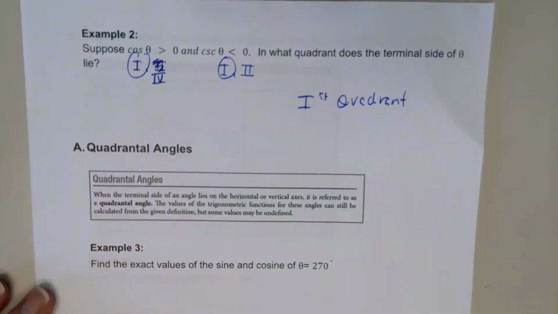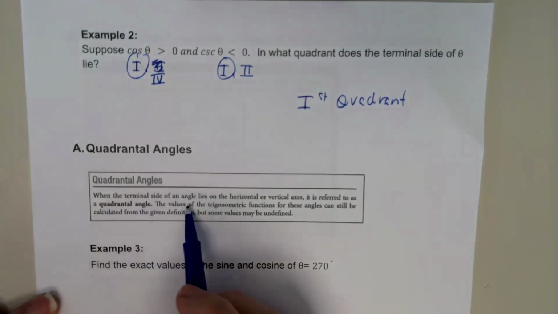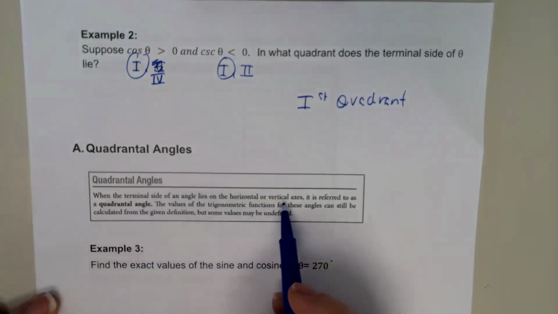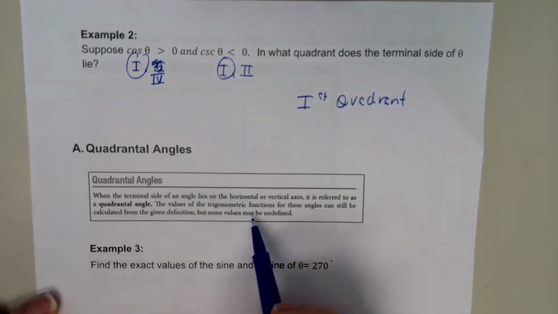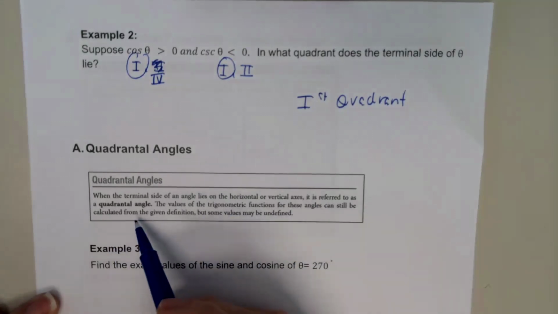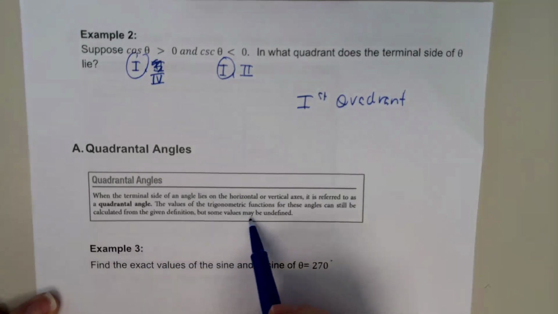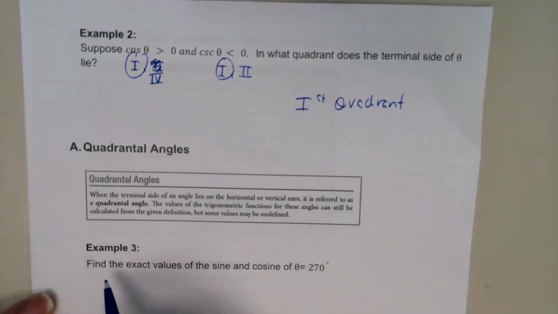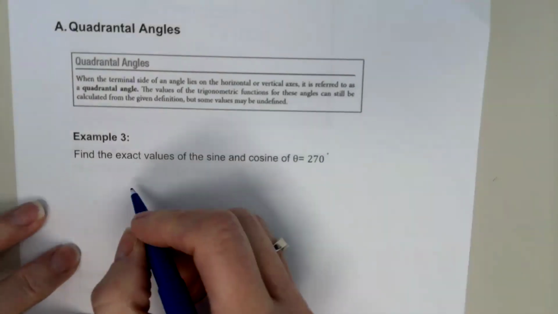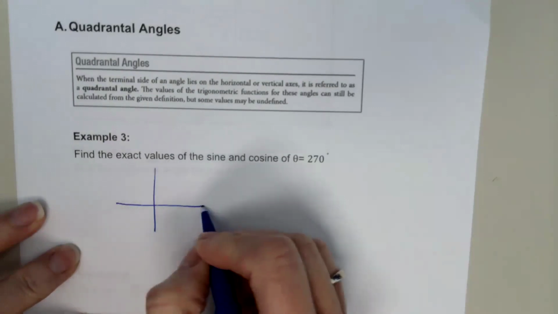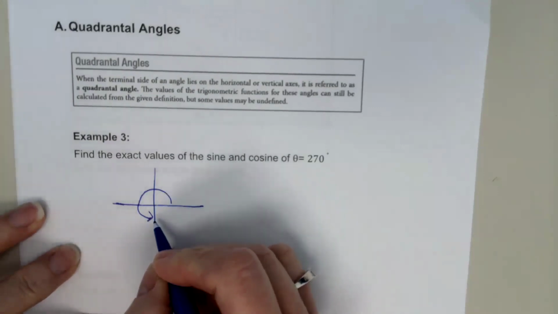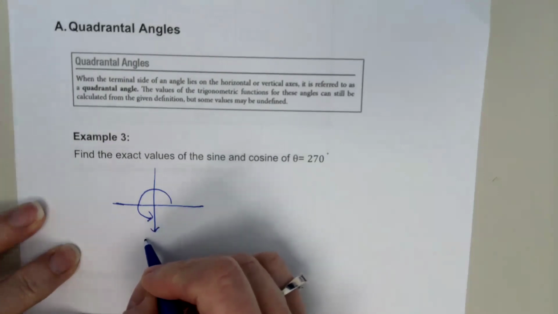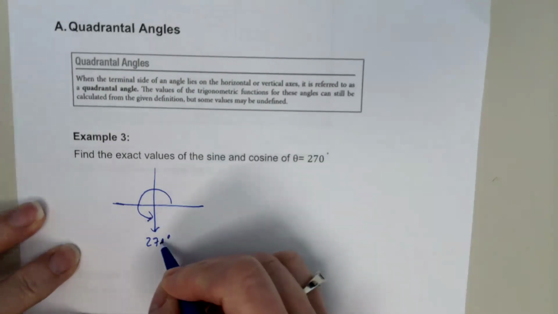Okay. Quadrantal angles. When the terminal side of an angle lies on the horizontal or vertical axes, it is referred to as a quadrantal angle. The values of the trigonometric functions for these angles can still be calculated from the given definition, but some values may be undefined. So it says find the exact values of sine and cosine when theta is 270. So when the angle is 270, that is all the way here. This is 270 degrees.